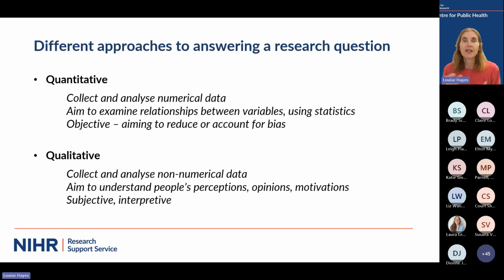So we want to measure how much of something there is, look at whether one thing is related to another, and we'll use statistics to help us do that. We talk about quantitative approaches as being objective, so we're trying to minimise the amount of bias in our study, or to account for that bias as much as we can when we do our analysis.